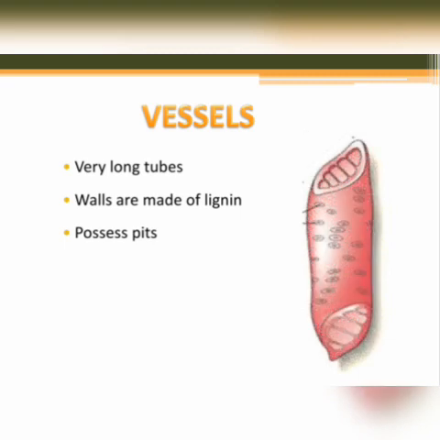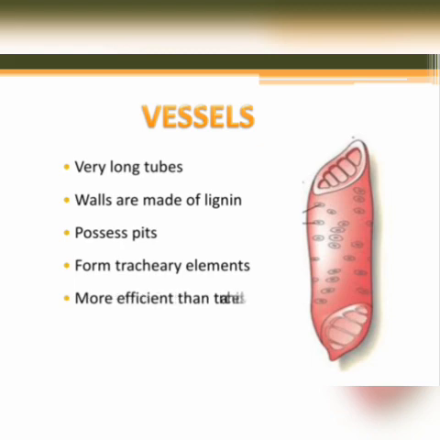As you can see within the structure, the dotted regions are the pits. Vessels along with tracheids form tracheary elements, but vessels are more efficient than tracheids.